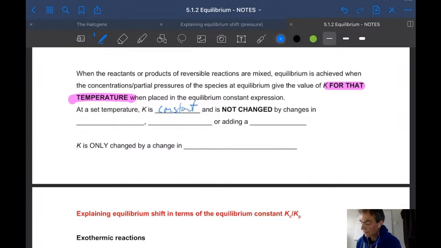It has a set value for a particular temperature, and it's not changed by changes in concentration, pressure, or addition of a catalyst. So if you change the concentration, the pressure, or you throw a catalyst in, Kc or Kp will not change. The only thing that can change the value of K, Kc or Kp, is a change in temperature. It's the only thing.